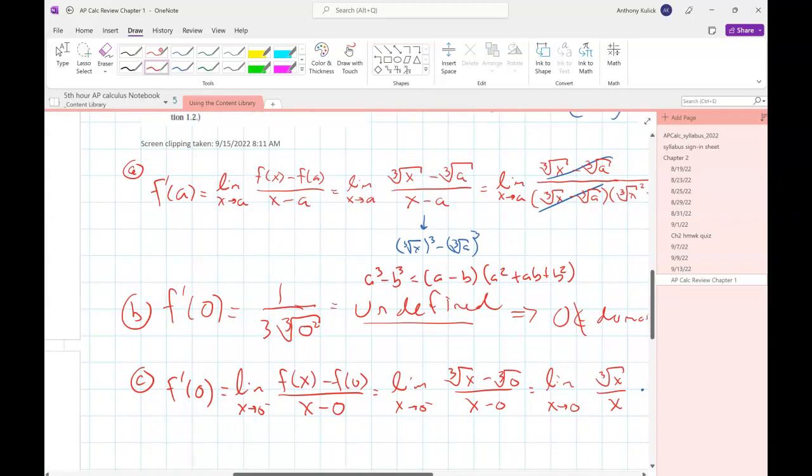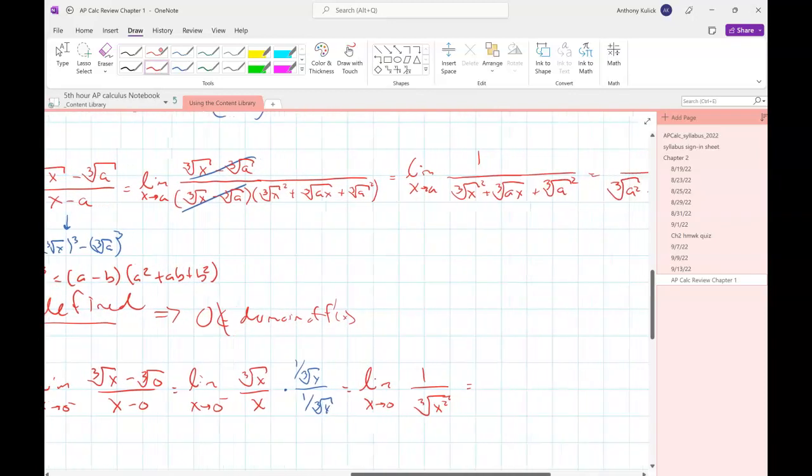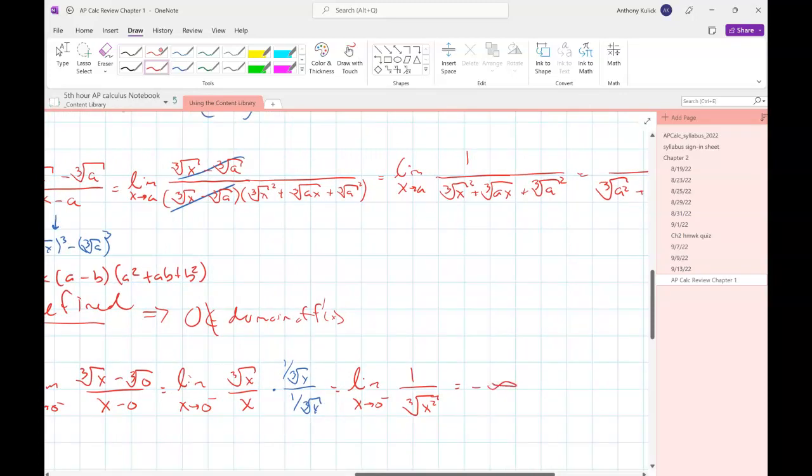I'm just going to pick from the left. Right, so this would be the same as when we plug that in, it's undefined. But here I'm not plugging anything in. I'm just saying, look, the limit's infinite here, which means vertical. So it's kind of the same thing. Is that okay?